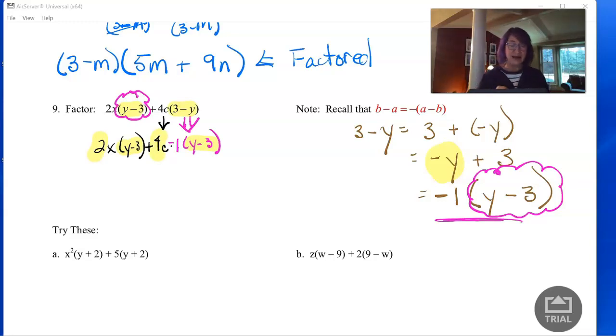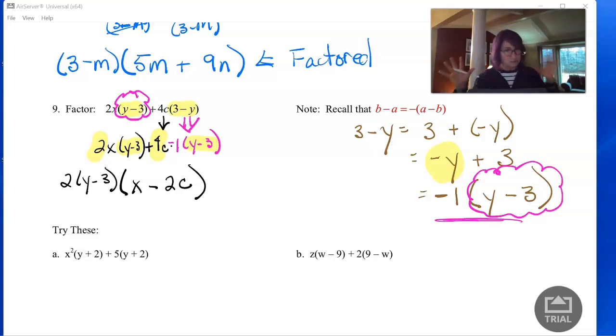So our greatest common factor is going to be 2(y - 3). Then what is left over? x, okay? Then minus 2c. There we go. So that would be our final factored form.